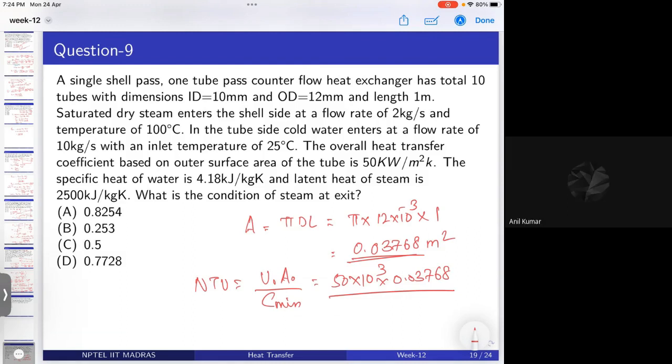So 1 kilogram per second into the specific heat, 4180. So what is this NTU? It will come out to be around 0.45.